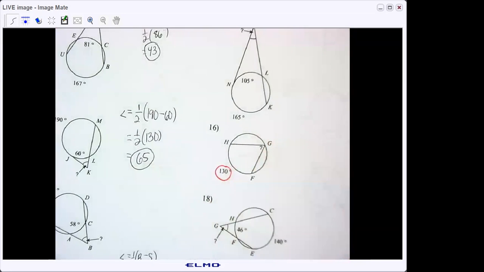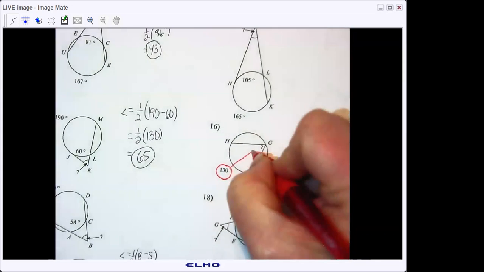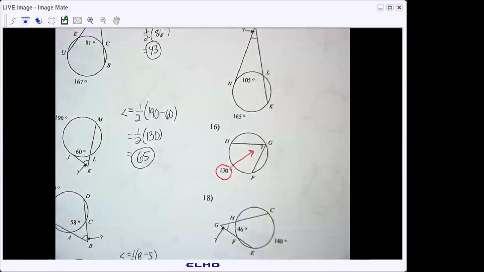If I have the arc and I want to find the angle, what do we do? Just put it in the chat box. What operation? Multiply, divide, subtract, add? We spent almost all period doing this.